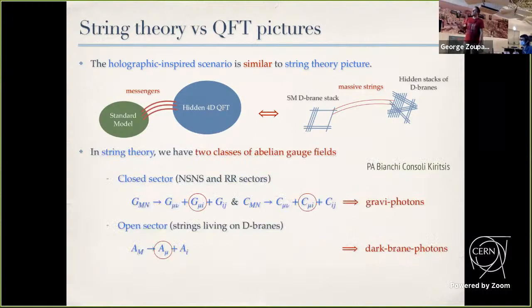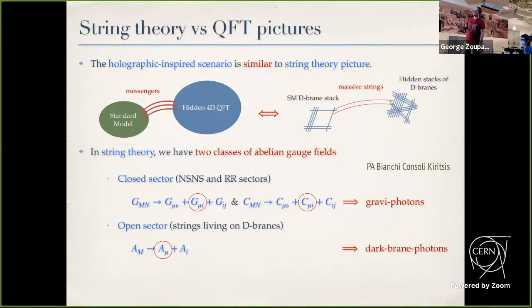In string theory, there are two classes of abelian gauge fields, either coming from the closed sector, Neveu-Schwarz sector or Ramond sector, and these we will call gravity photons because they come from the closed sector where gravity is described in string theory.